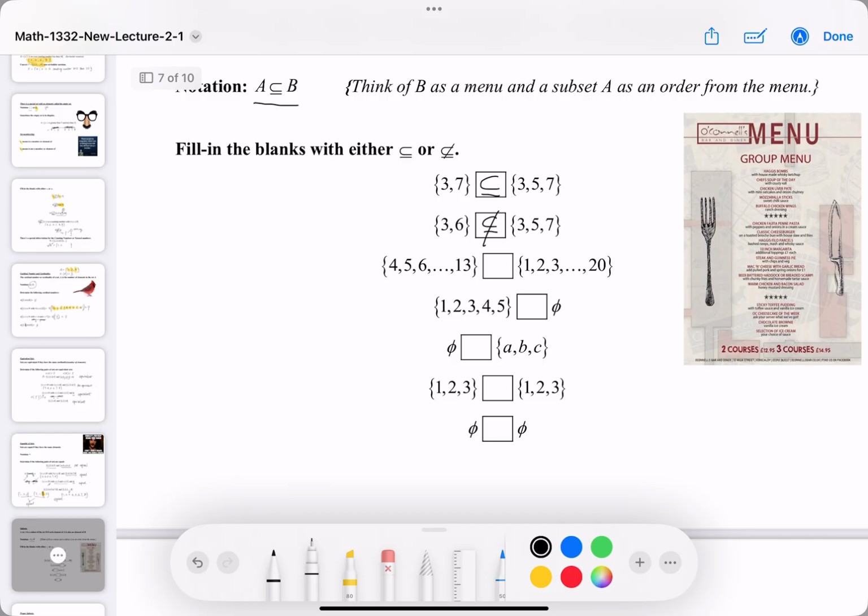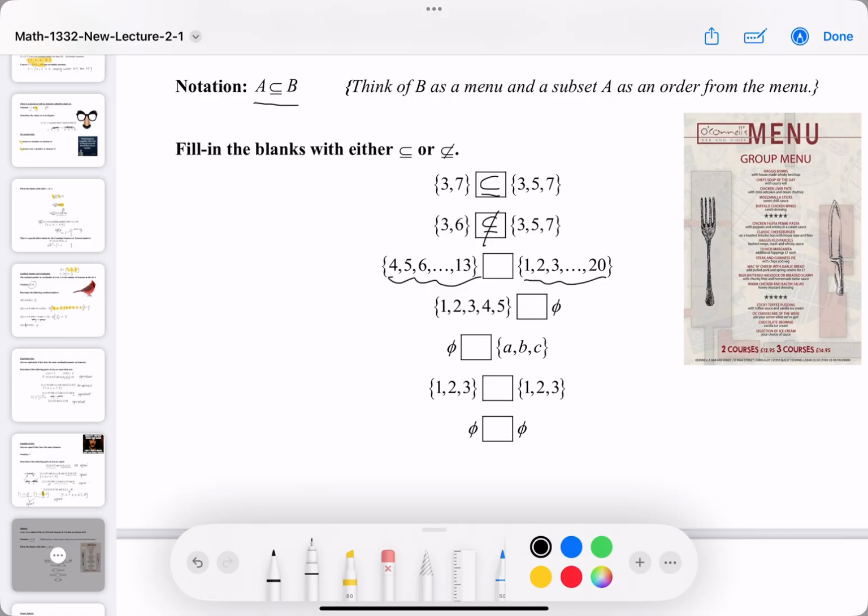Next one, 4, 5, 6, and they use the dots to represent the numbers between 6 and 13. And on our right, we have the counting numbers starting from 1 to 20. So do you think the left-hand side is a subset of the right-hand side?